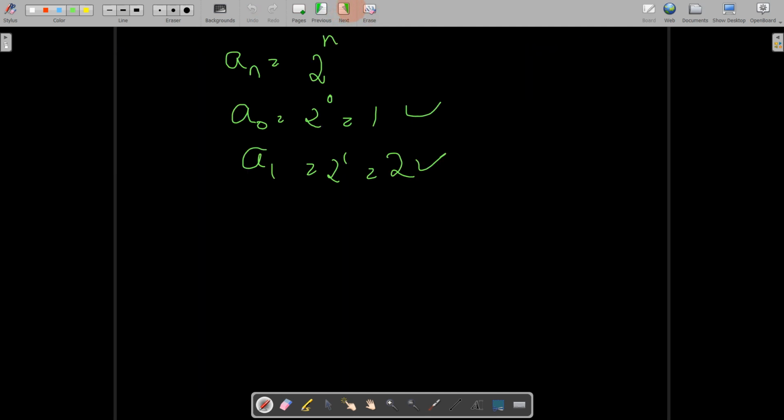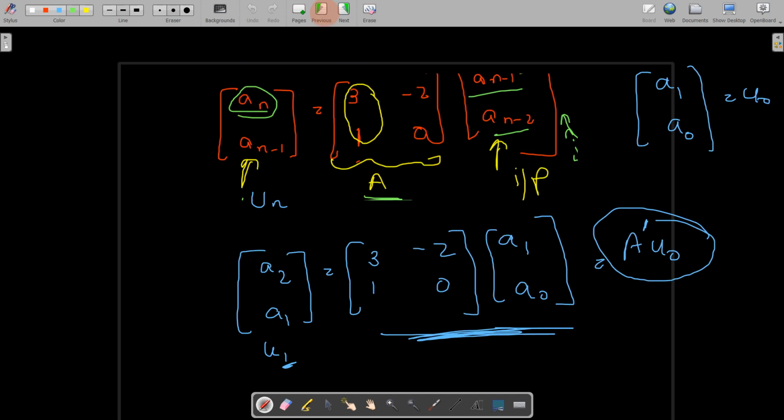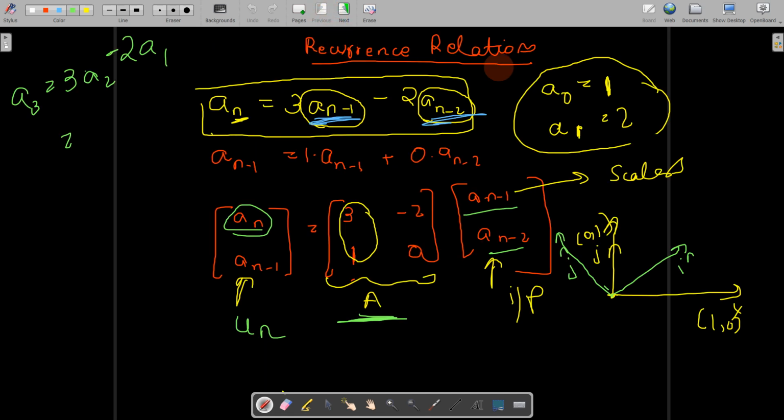Okay, we started from 0, right? Now let us take this as a1 and this as a2. Then the next term would be equal to 3 times 2 minus 2 times 1, that is 6 minus 2, 4, right? So a3 should be 4. Let us check.